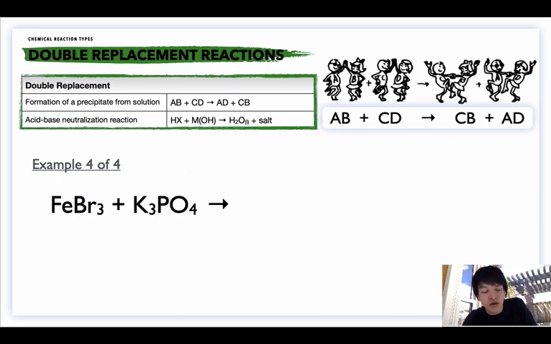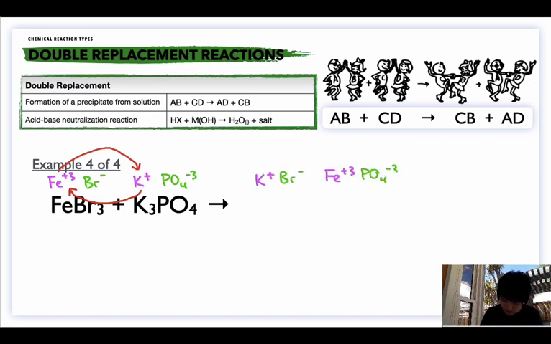We have here iron 3 bromide reacting with potassium phosphate. I'm going to go ahead and write down the ions again. Now the ions are listed. We're going to go ahead and do a swap one more time. And here's the result of the swap.